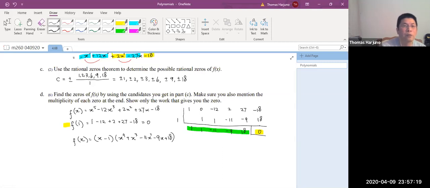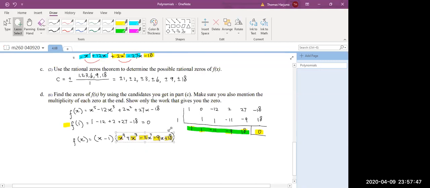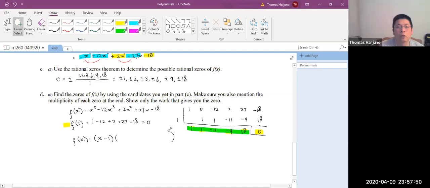Now, in fact, if you think about that further, notice that when we add the coefficients here, 1 plus 1 minus 11 minus 9 plus 18, what's that? 0. That's still 0, right? Which means 1 is another zero.